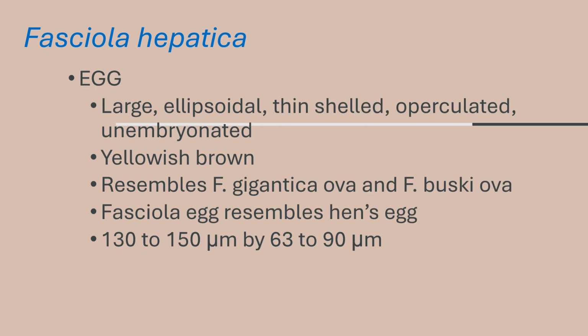For your developmental stages, you have the egg. The egg of your Fasciola hepatica is large and ellipsoidal, thin-shelled, and operculated. It has a distinct operculum, and please note it is unembryonated, unsegmented, or immature when passed in the feces. It is yellowish to light brown in color.